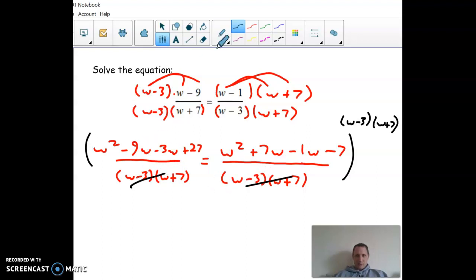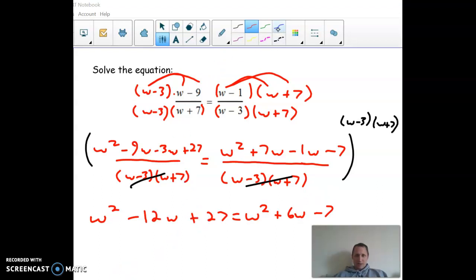And we're just left with the numerators, and I'm going to clean these up a little bit. On the left-hand side here, negative 9 minus 3w would be negative 12w. And then on the other side, 7w minus 1w, so it'd be w squared plus 6w minus 7.